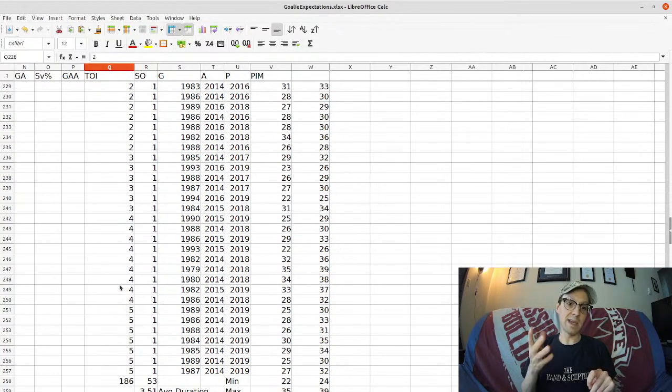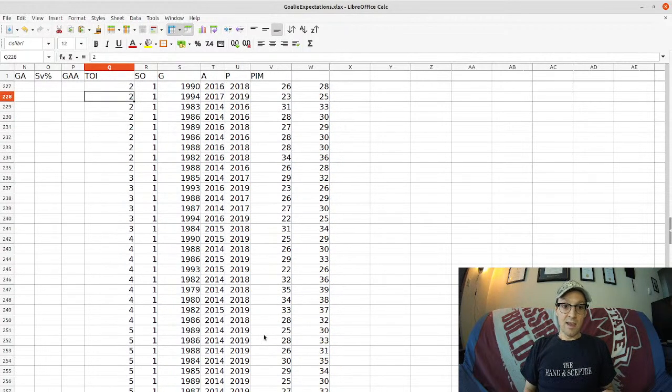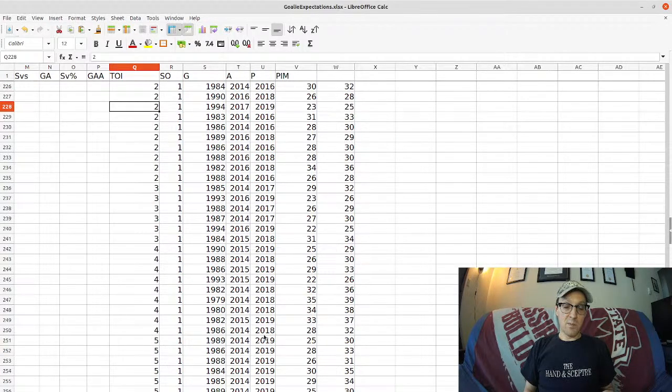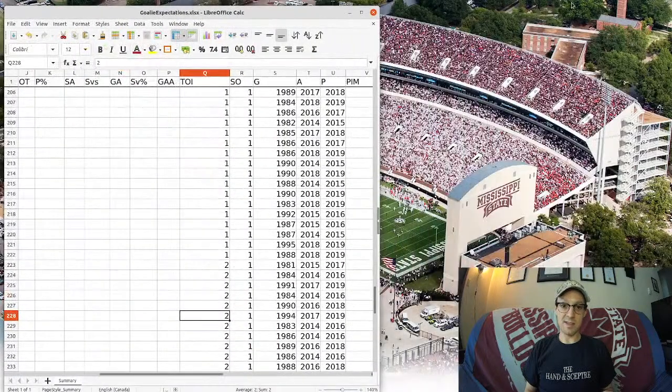And then there's a mix kind of at the higher end where you can get into longer term contracts like 4 to 6 years or maybe more. So anyways, that gives both timing and duration of contracts for goalies as part of the series here.